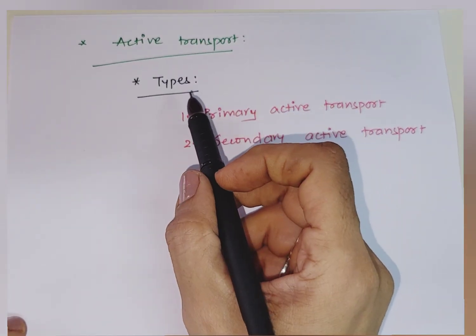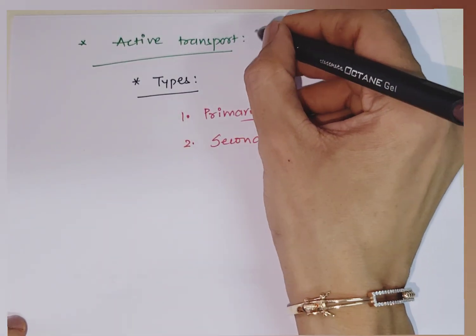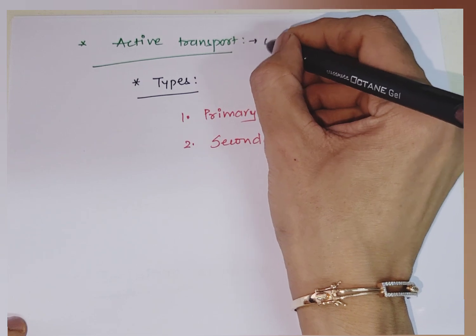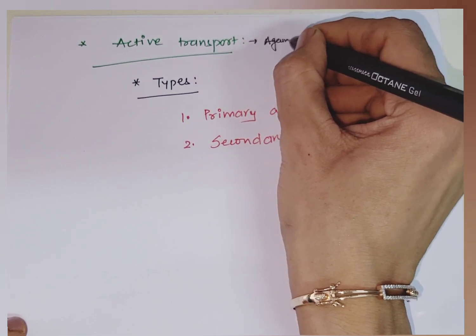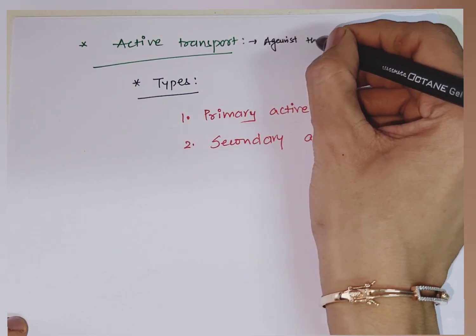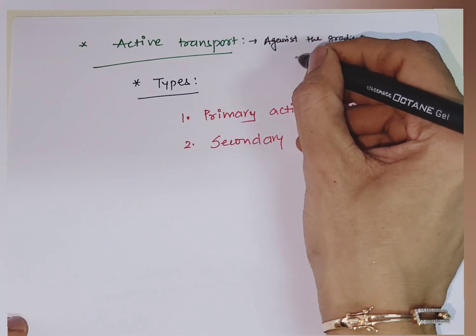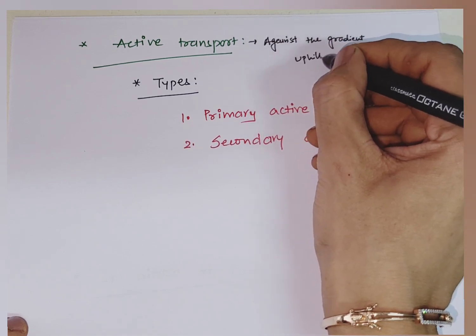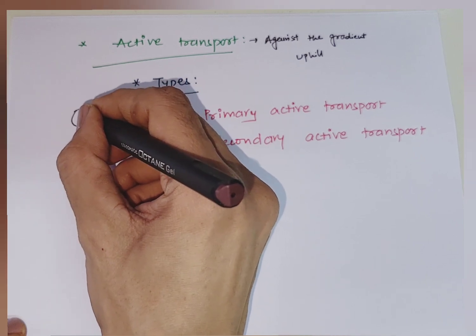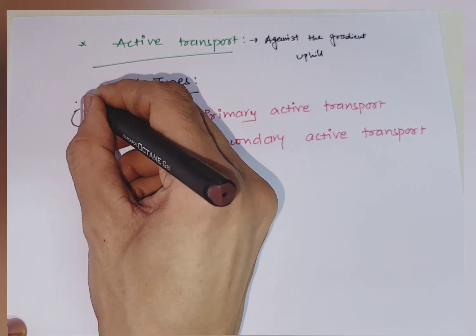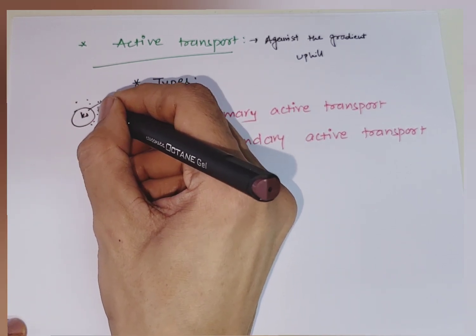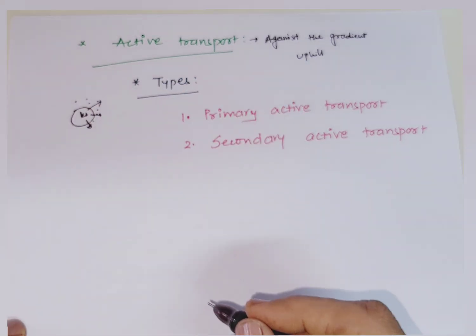Next is active transport. As we all know, in active transport, substances are transported against the gradient. Against the gradient means from lower to higher concentration, so it is known as uphill movement. Suppose this is the cell. Inside the concentration is less, outside is more. Still the substance will be transported.